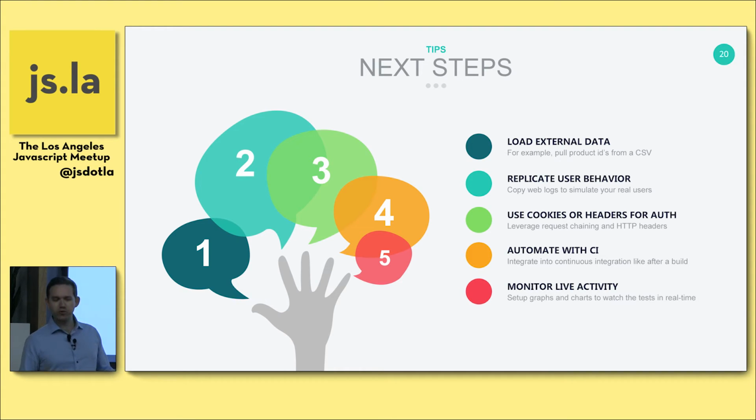Replicating user behavior: you can look back through weblogs and start to piece together how somebody traversed your application, and then load that into those scenarios and phases in that YAML or JSON file, so you can simulate what real user activity was. Now this probably takes some scripting, but you might be able to take a weblog as input and create a load test out of it, replicating almost like a Groundhog Day what happened that day.